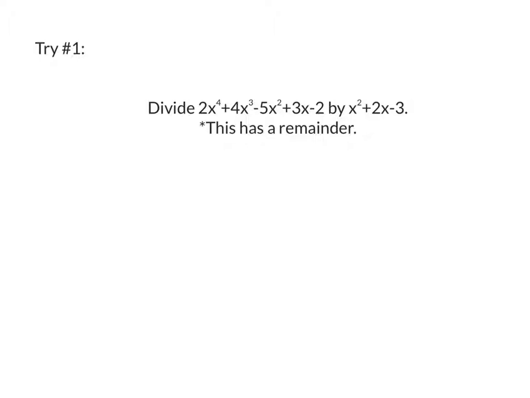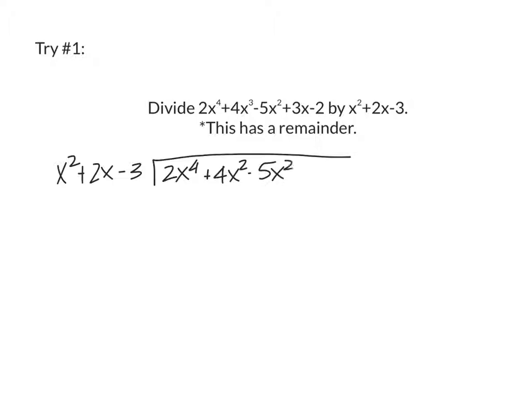So let's focus on how we will write remainders. What we have is x squared plus 2x minus 3, and we are dividing 2x to the fourth plus 4x cubed minus 5x squared plus 3x and then minus 2.